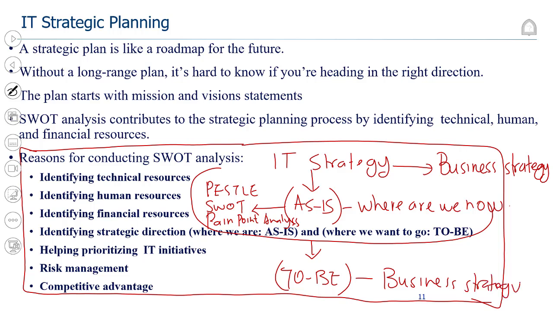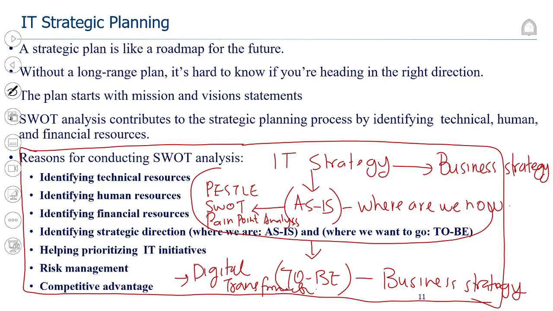So let's say the business wants digital transformation. They want to go online. They want to start selling things online. Then IT will have to find a way to assist them to go digital. But IT cannot decide that you're going digital.